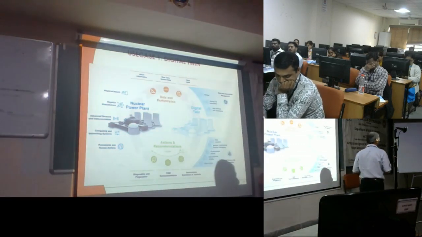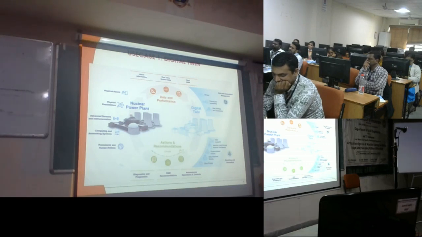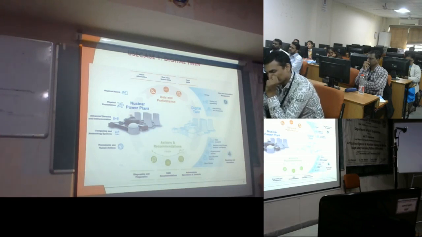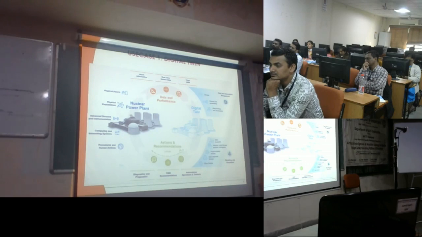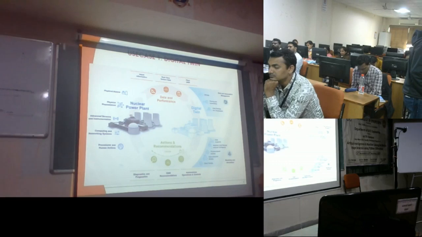Human actions, in the sense, when you are in the control room, there are the operators. Operators work in shifts, 8-hour shifts. Three shifts make 24 hours. And if he sees any alarming condition, the operator needs to take some action. Many of the actions are automatic, but the operator also needs to monitor whether those actions have been taken automatically, or otherwise many of the actions need to be taken by the operators also.